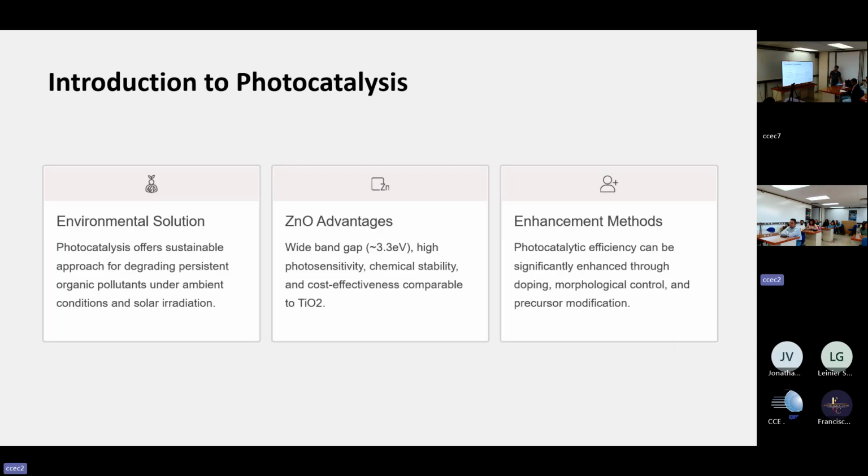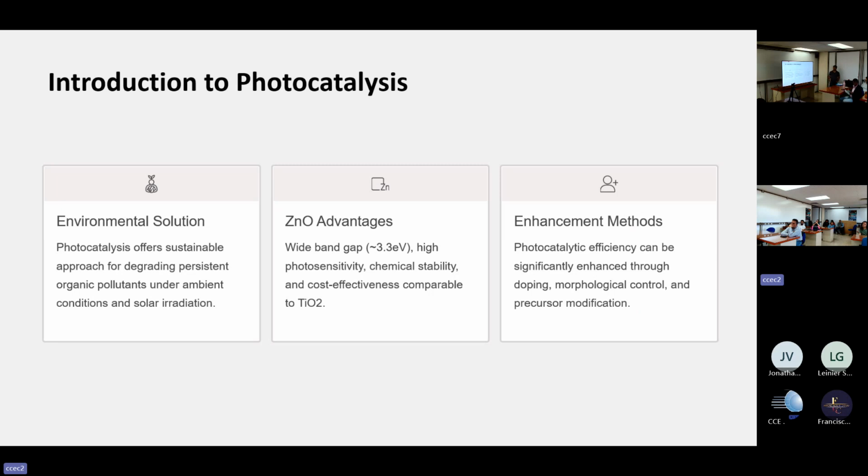Okay, so heterogeneous photocatalysis is an environmentally friendly technique that allows the degradation of organic products using ultraviolet or visible light without producing harmful byproducts.